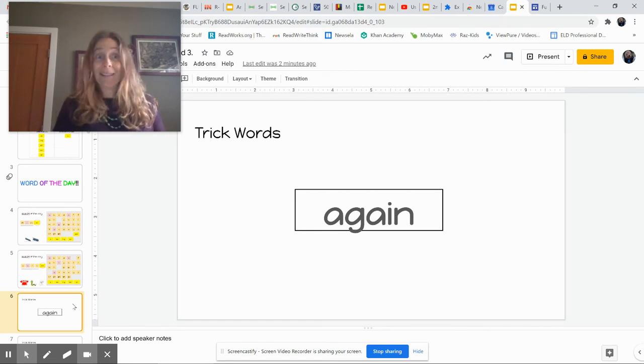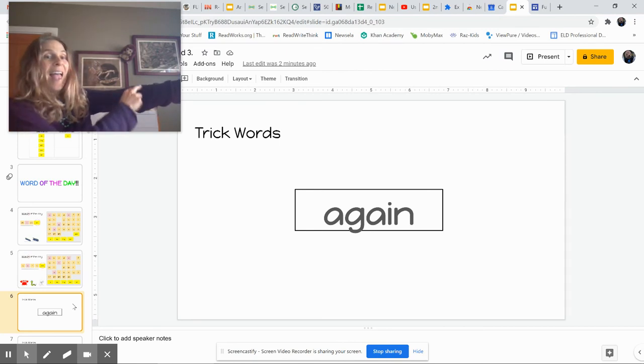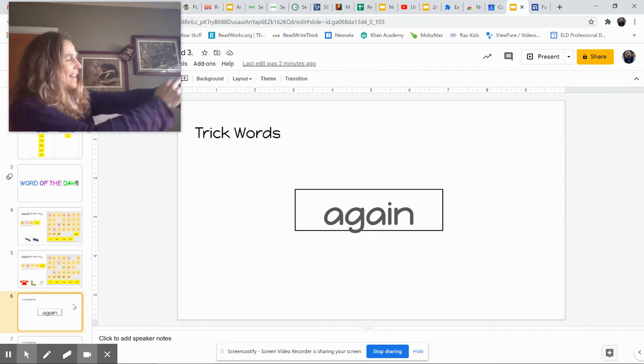Again. So I'm going to say the word again. A, G, A, I, N. Again. And I'm underlining it. So I'm writing it on my arm like this. A, G, A, I, N. Again.